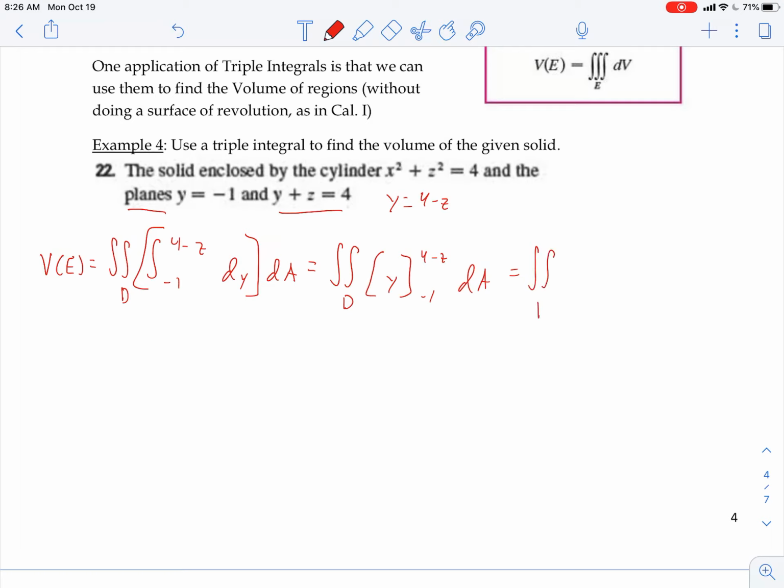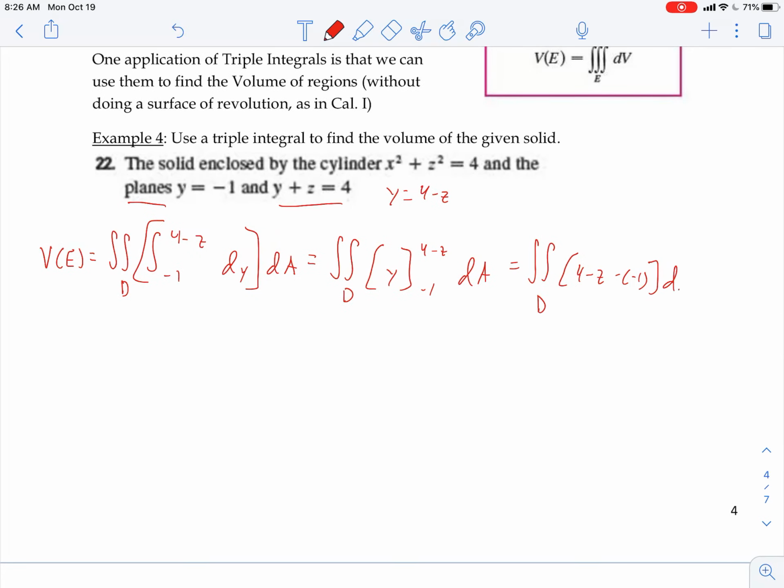And then we have 4 minus z minus -1. And so we're going to get the double integral of, then we can say, okay, 4 minus z minus 1 is just going to be 5 minus z.